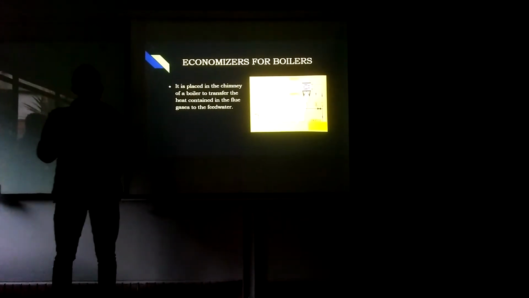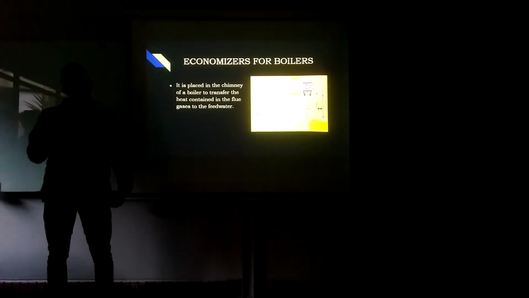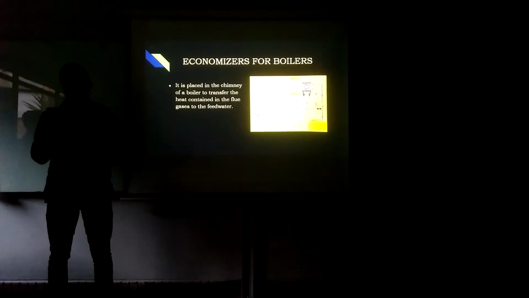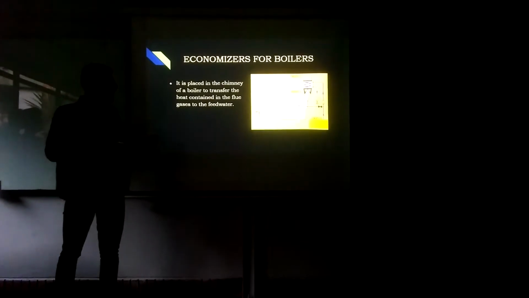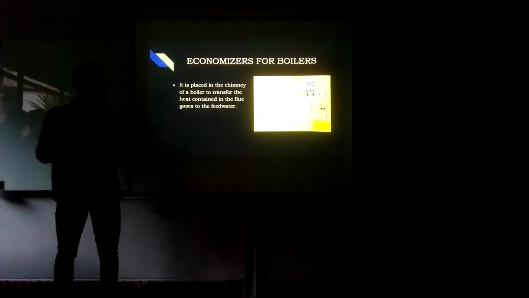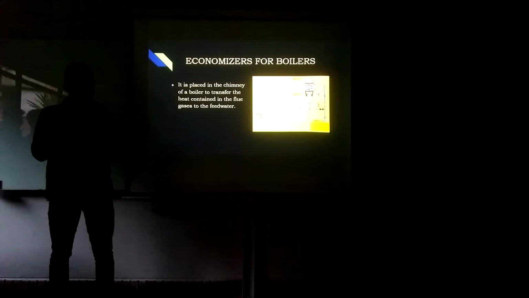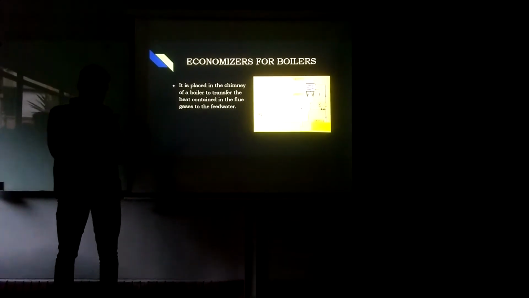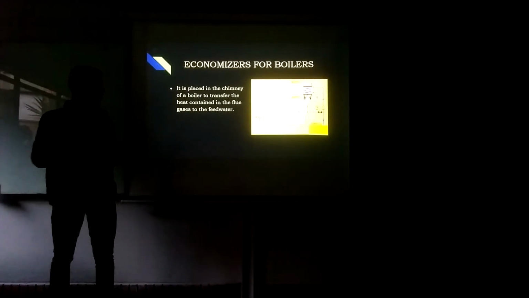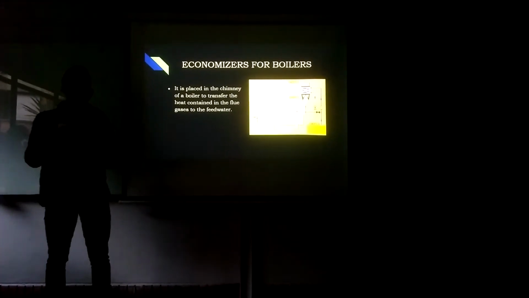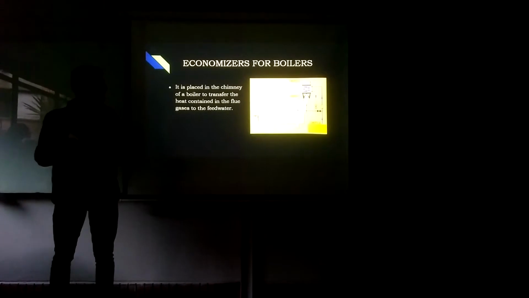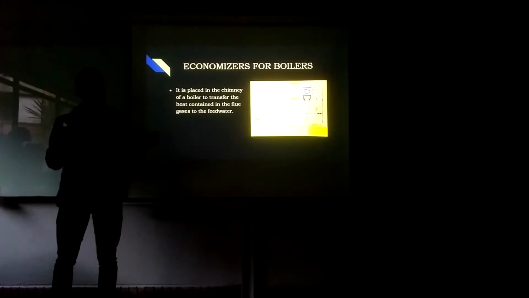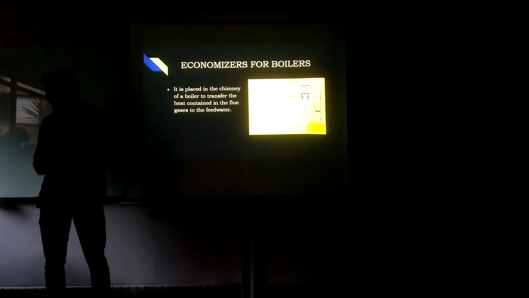The decrease of the temperature is needed according to legal regulation. The greenhouse gas emissions are reduced by 5%, and the economizers are relatively easy to install, and the maintenance is very easy because the parts are easy to move.